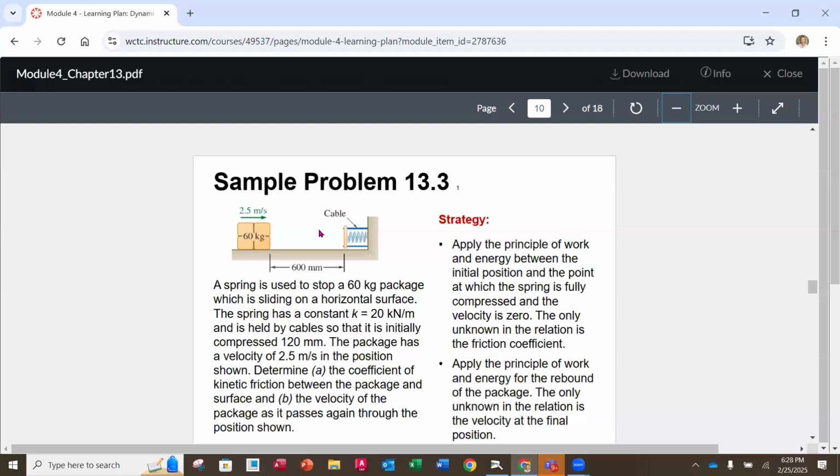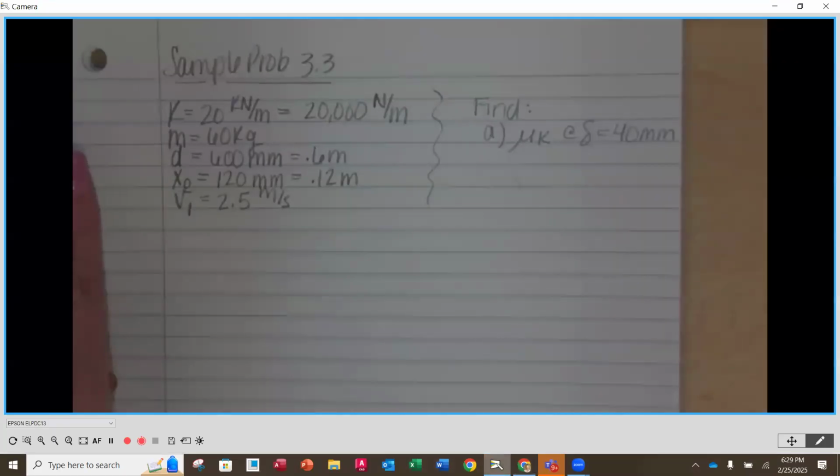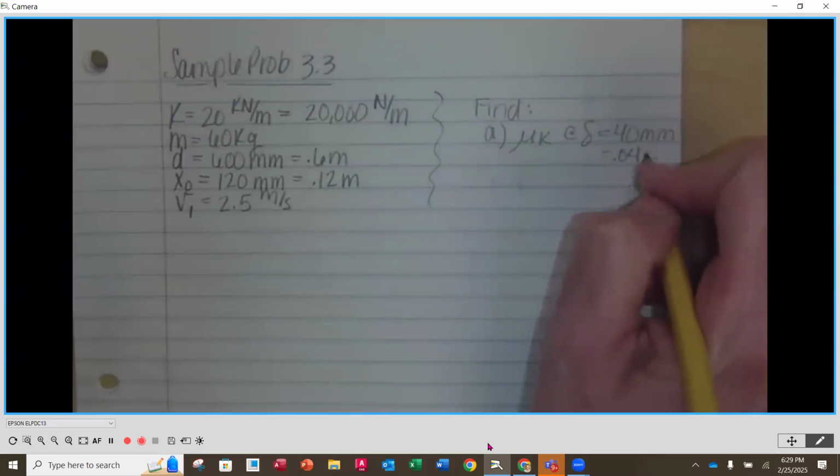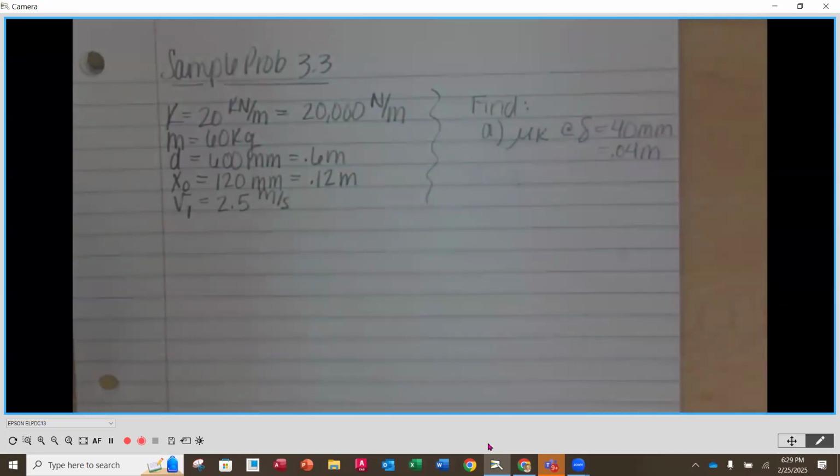Right now, this is held in compression so that this right here is 120 millimeters deep, from the wall to where the spring is held. We want to go another 40 millimeters to the right. That's what it's telling us. We can say that's equal to 0.04 meters if you want to convert that right away.